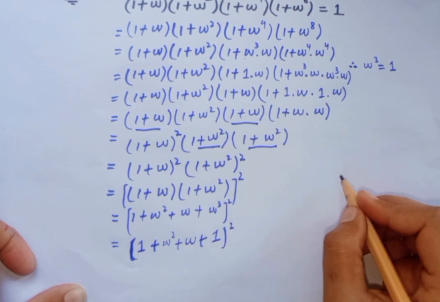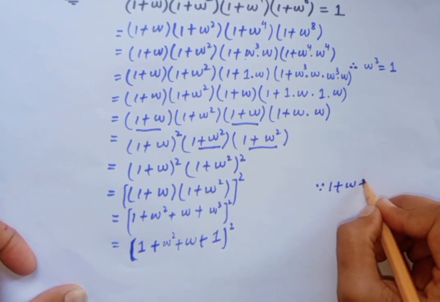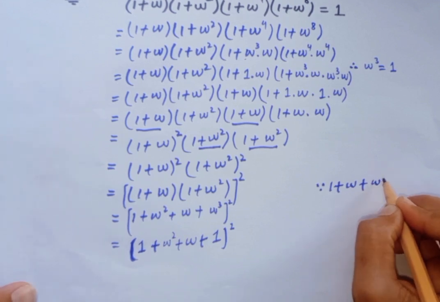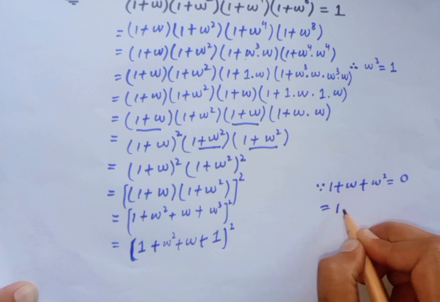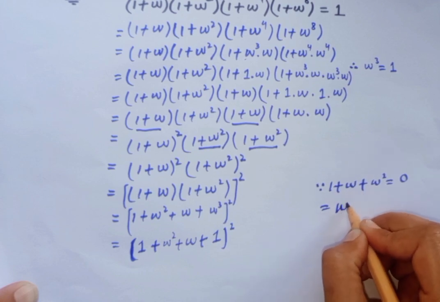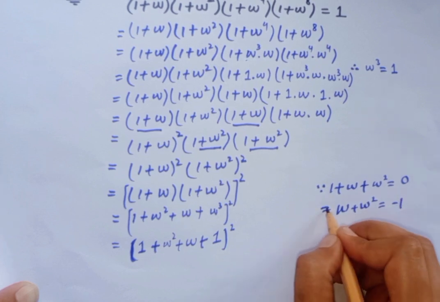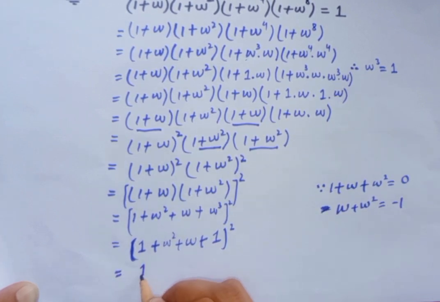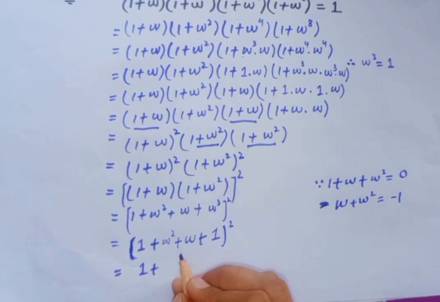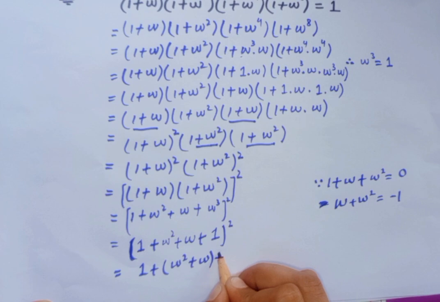And we know that 1 + ω + ω² is equal to 0, so ω + ω² is equal to minus 1. Put (1 + ω² + ω + 1) whole square.